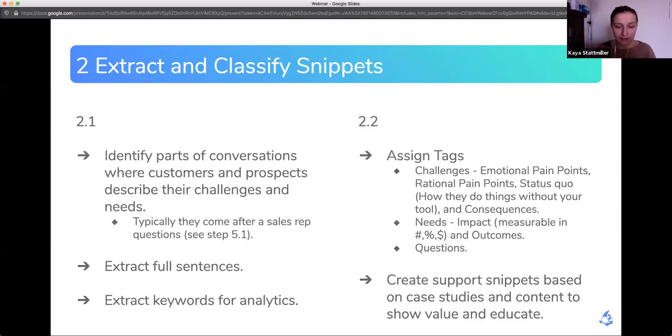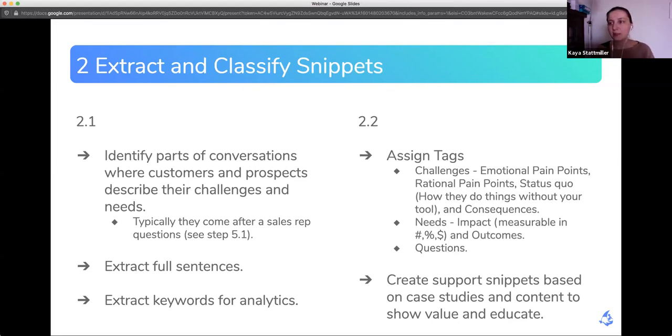For example, if you have a demo, you don't have to check everything. Typically people answer those questions at the beginning of the call, so there's no point going through the whole call conversation.